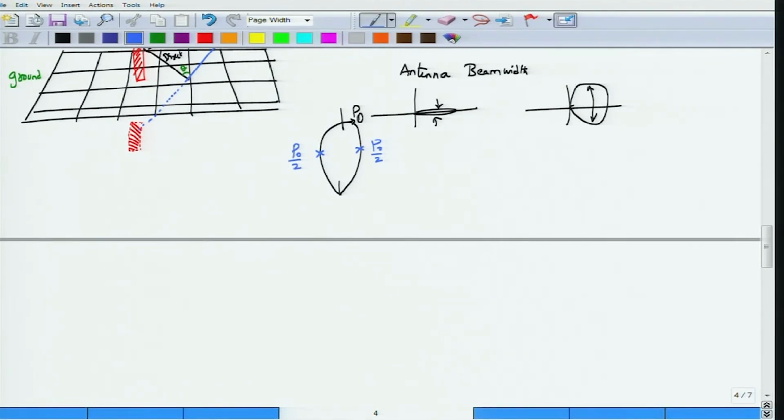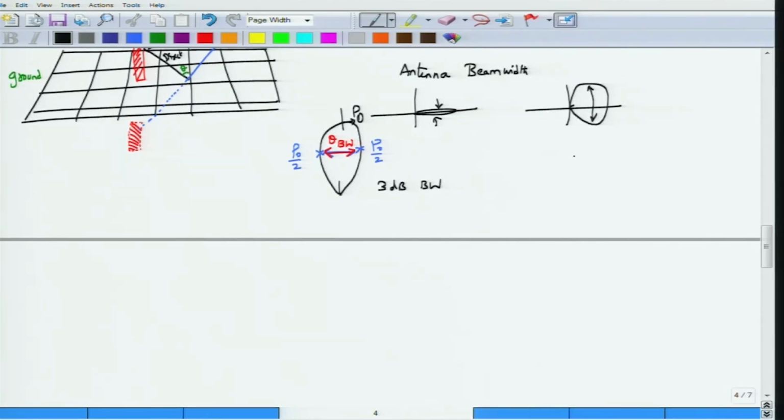The width between these is called the antenna beam width and is denoted sometimes by theta BW, and it is measured in degrees between the 2 points where the power is reduced to half. Sometimes for this same reason this is also called 3 dB beam width.